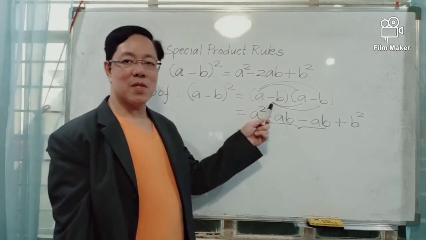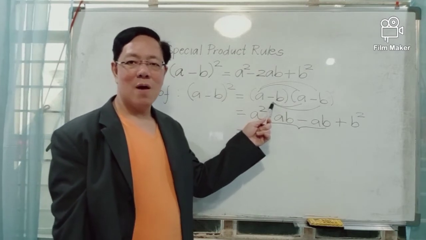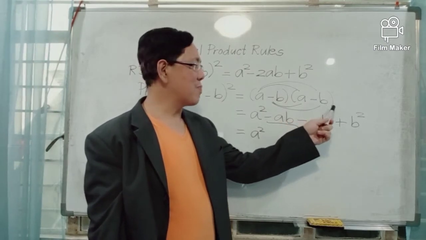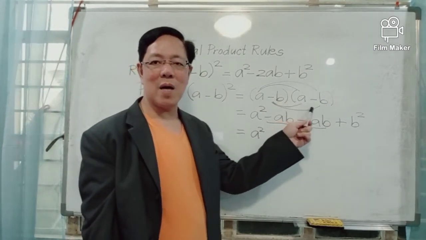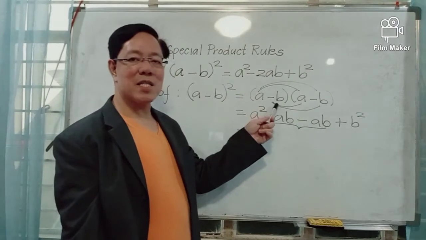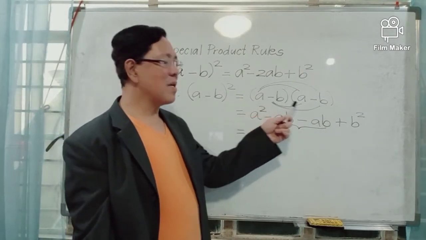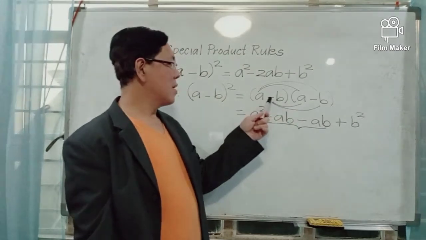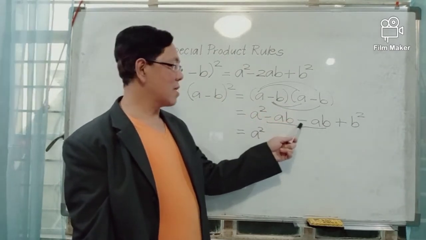Now we distribute negative B from the left side, or we multiply each term of the second binomial A minus B by negative B. We have negative B multiplied by A. The sign of A here is positive. Negative by positive is negative.